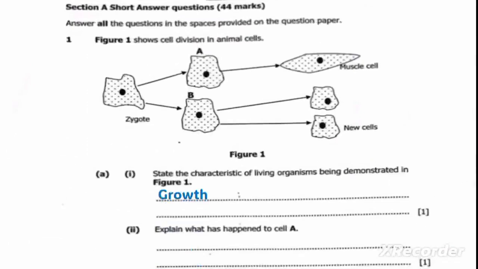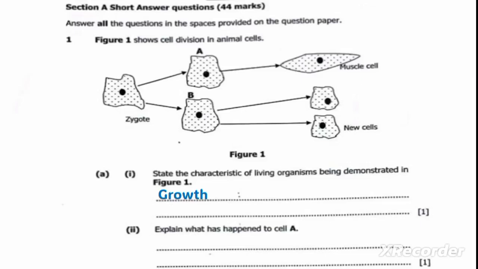The next question, which is question A, Roman numeral 2, explain what has happened to cell A. So cell A here is a muscle cell. A muscle cell is a specialized cell. So what do we mean when we say a specialized cell? It has its specific function.